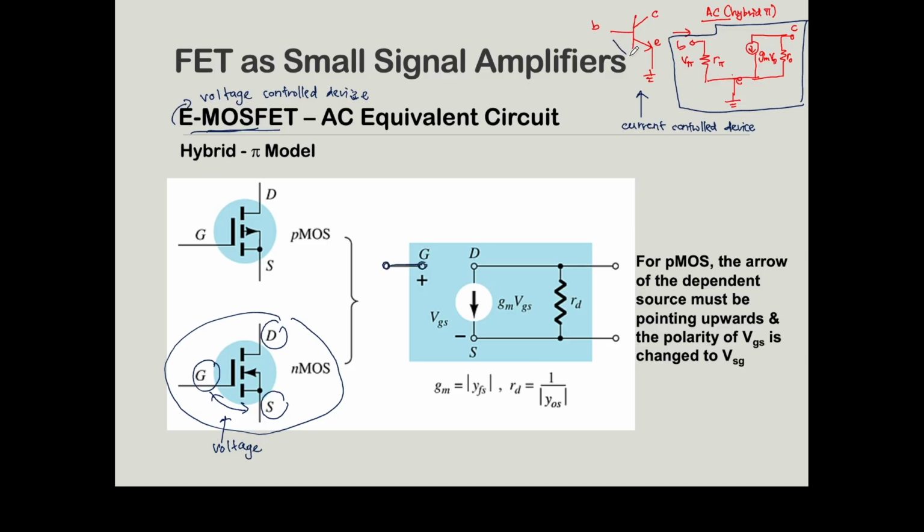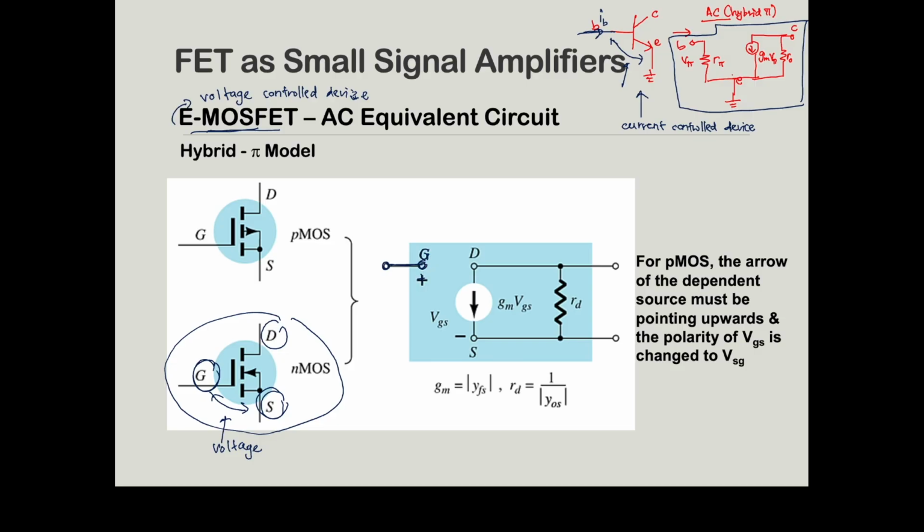For BJT, between the base and emitter we also have voltage, but the one that controls the BJT's functioning is the IB current. But for MOSFET, the one that controls whether the MOSFET is working or not is the voltage between the gate and the source. So you can see the hybrid pi model, there is a gate. Always remember this is fixed.